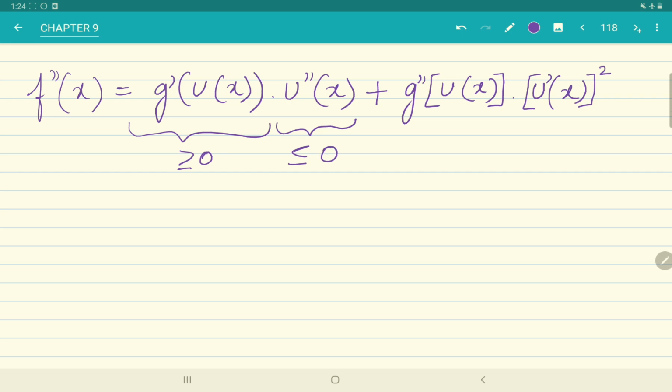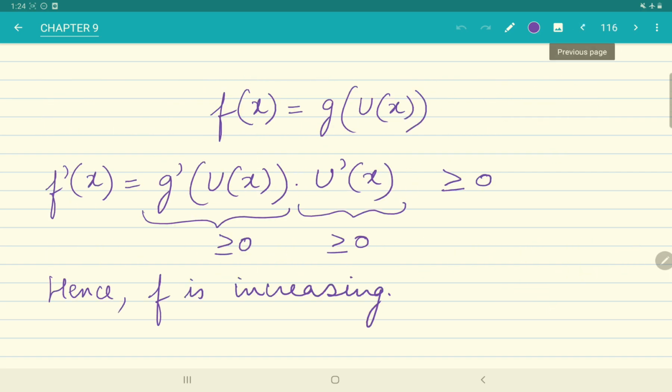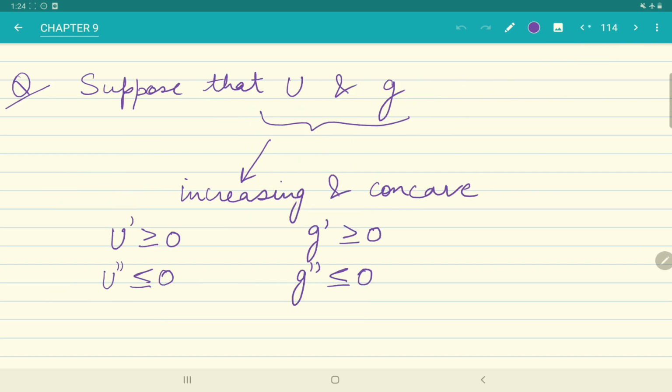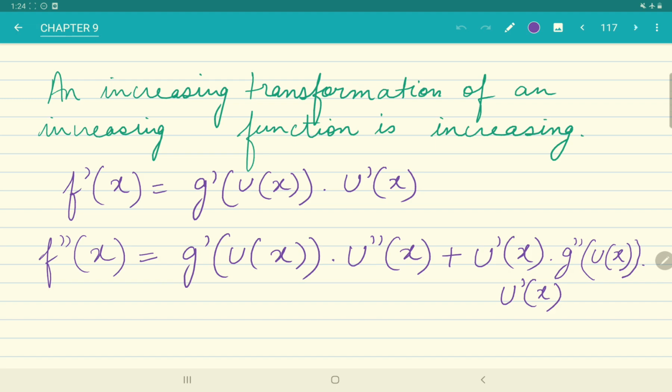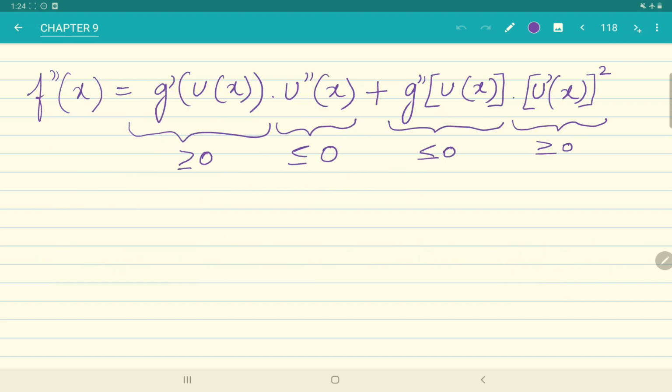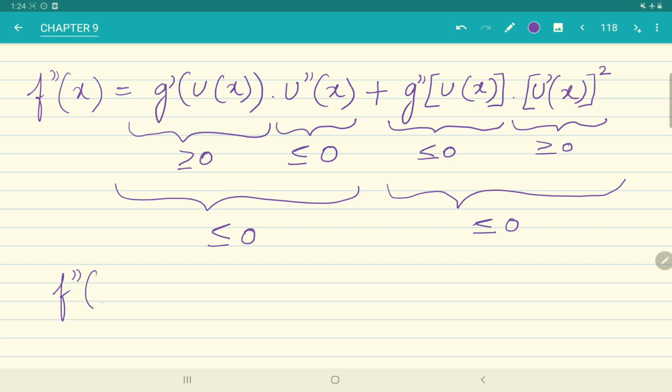Also, we have this less than equal to 0 and this greater than equal to 0. So that just means this whole expression is less than equal to 0, and this whole expression is also less than equal to 0, and that just means that f double prime x is less than equal to 0.